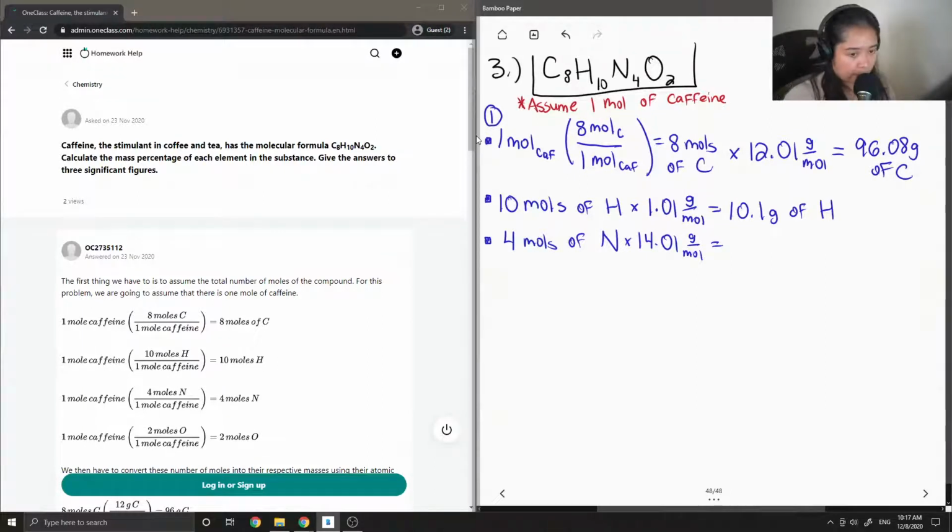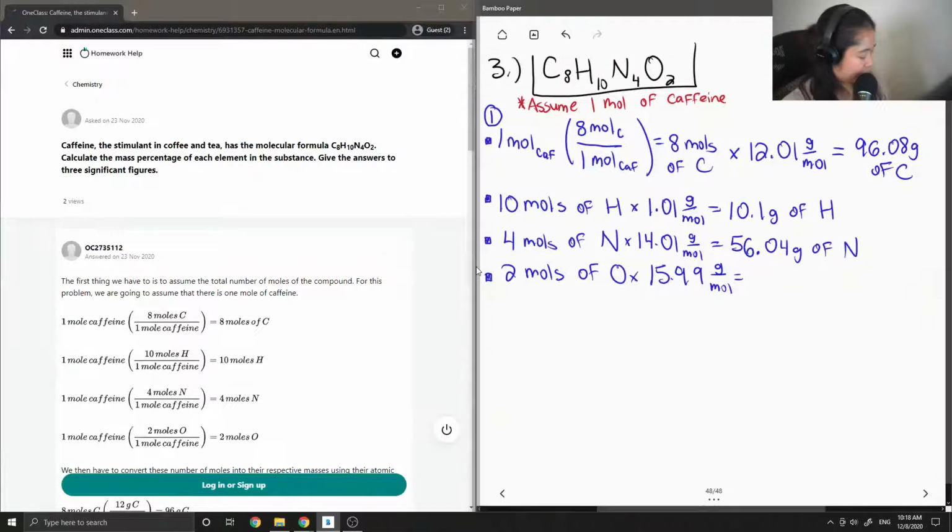So we end up getting 56.04 grams of nitrogen. And then lastly, there are 2 moles of oxygen in 1 mole of caffeine. And oxygen's atomic mass is around 15.99. So if we multiply it, we end up getting 32 grams of oxygen.